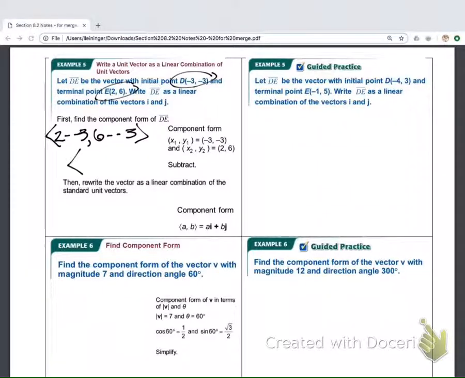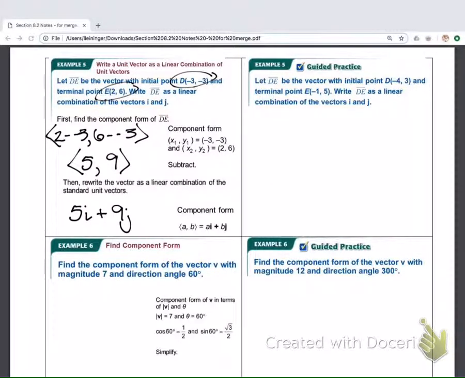Component form, which we're getting used to, is 5 and 9. You could also write that vector by putting the 5 in front of the letter I and the 9 in front of the letter J, and that is just a different way to write it.